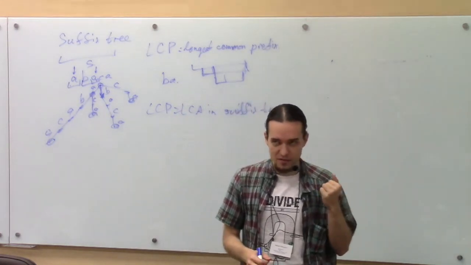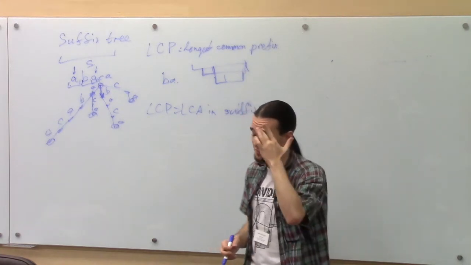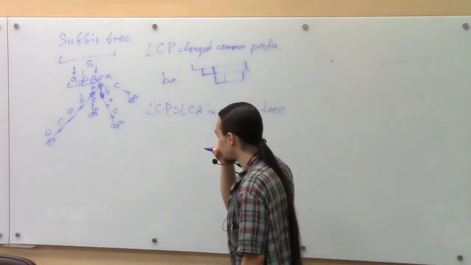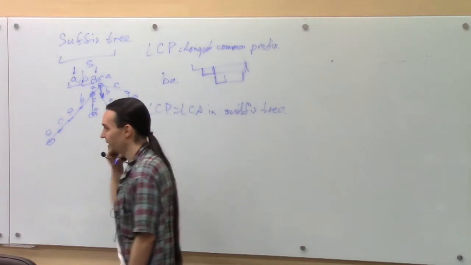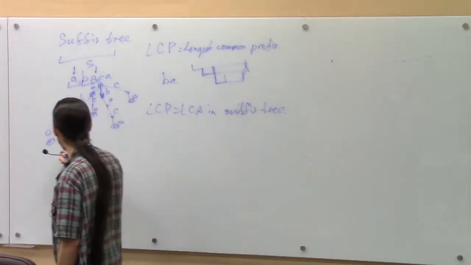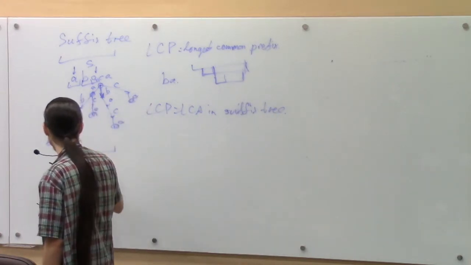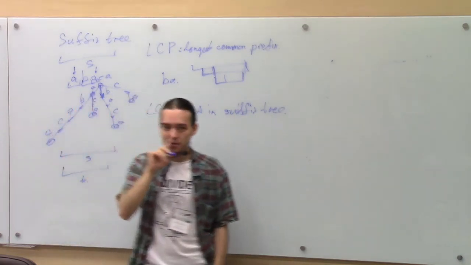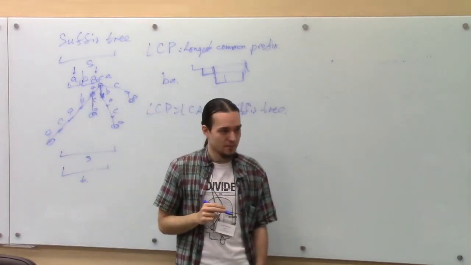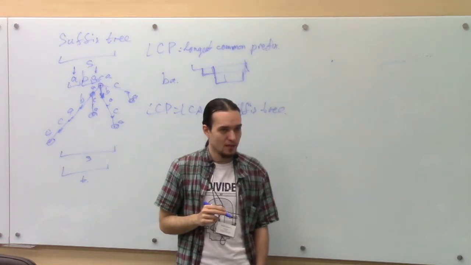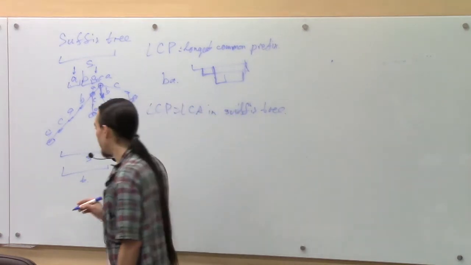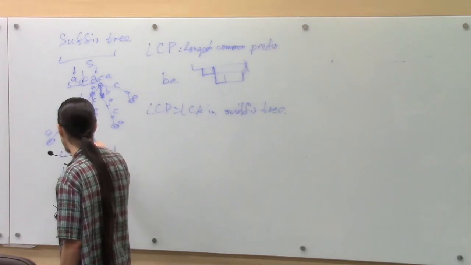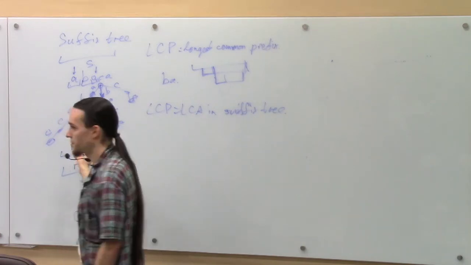Another application, just to give you perspective: you may have encountered the problem where you have a string S and you have a string T, and you want to find their largest common substring. Okay? So we want to find the substring that occurs both here and also here, somewhere.